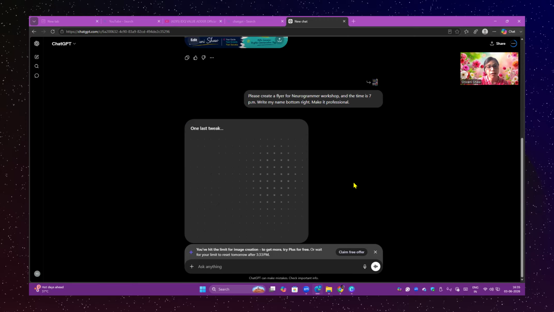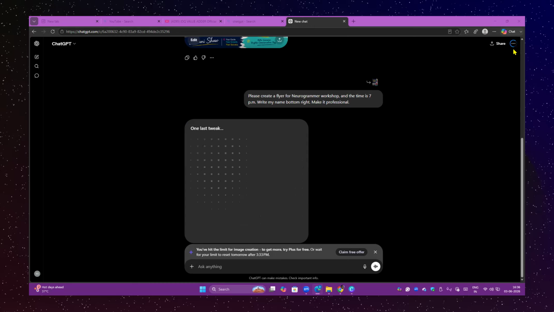And the best part of Canva is we can remove something, we can add something immediately, whenever we need. But in ChatGPT, what happens? It doesn't allow us to remove something manually.